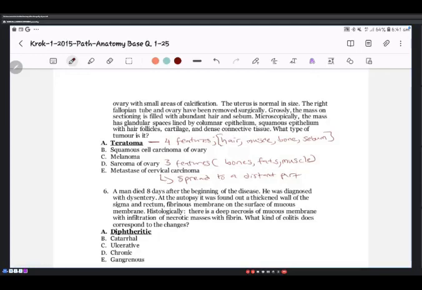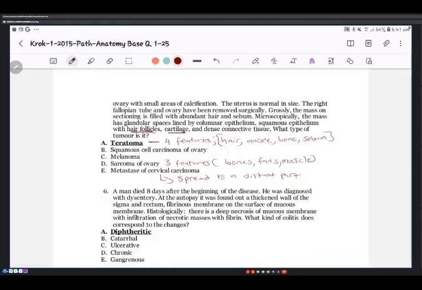Squamous, of course, you'll see in the question talk about squamous. So in the question here, the mass on the section was filled with abundant hair and sebum. Microscopically, glandular cells lined by columnar epithelium, the squamous, the hair follicles, cartilage. So you can see, first of all, we'll have hair follicles. We'll have the cartilage, which is the bone.